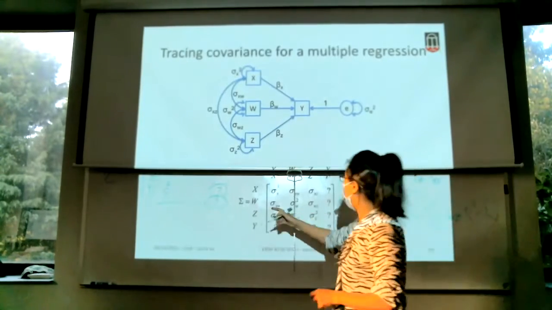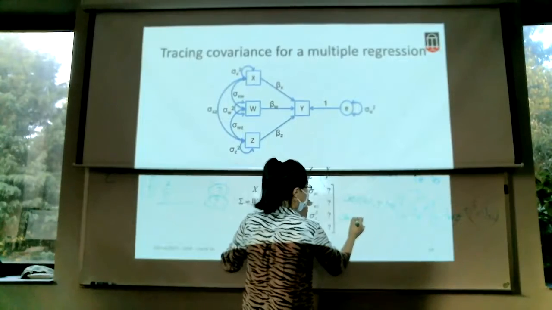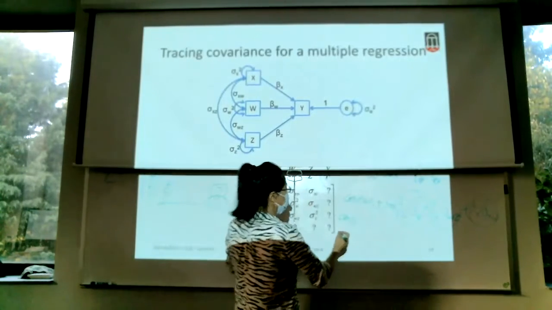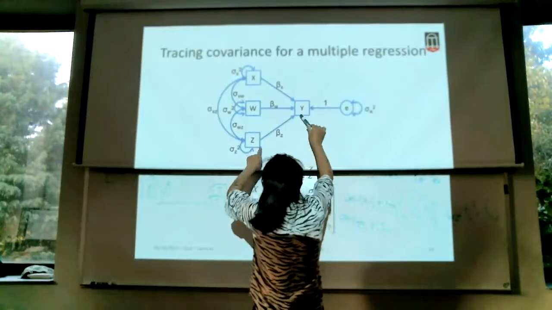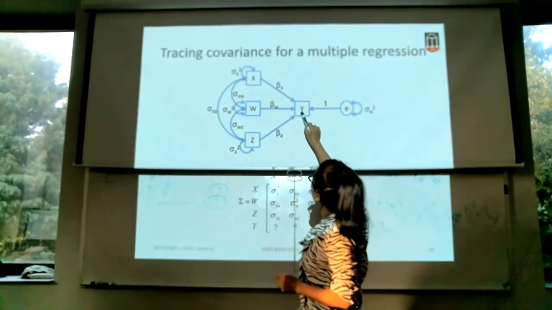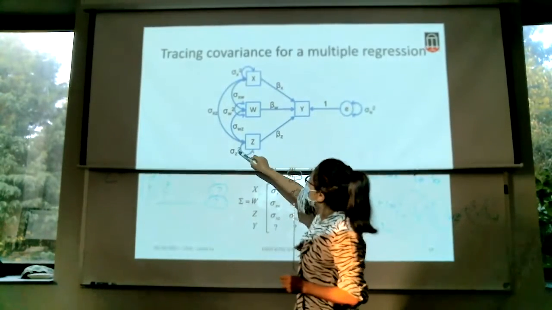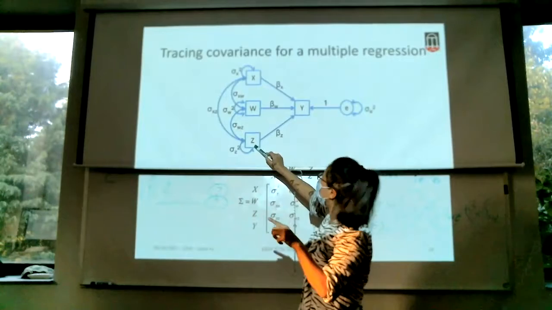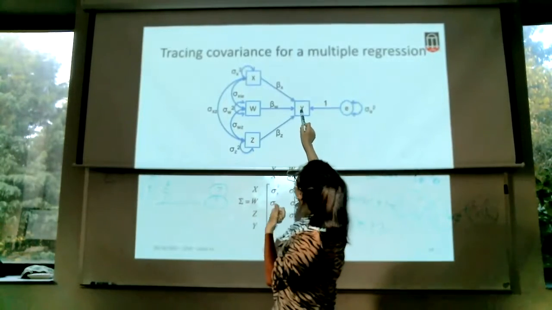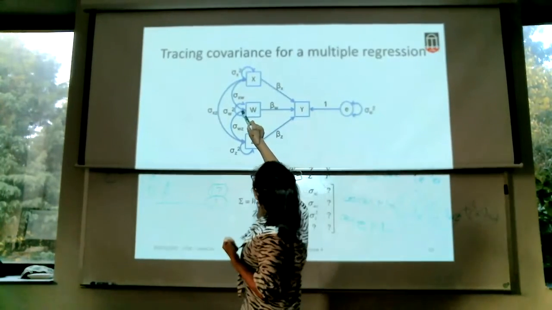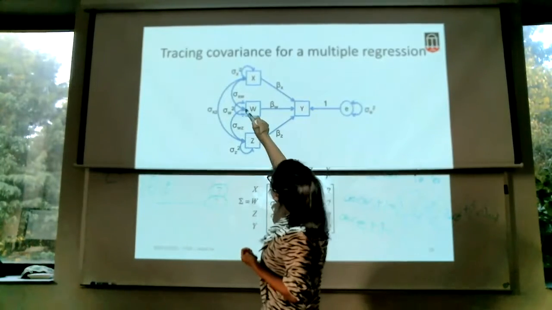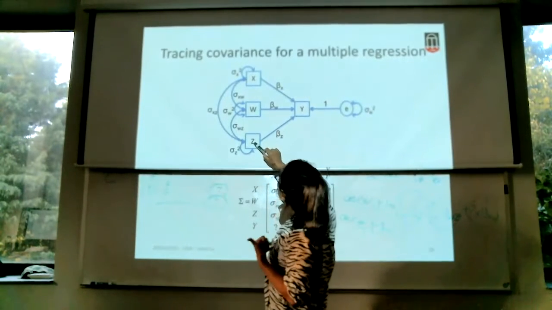So we have one more, the covariance between Z and Y. Same thing. You start from Y, go to Z, variance of Z, stop here, one component. You start from Y, go to W, go down to Z using this covariance, and stop here.